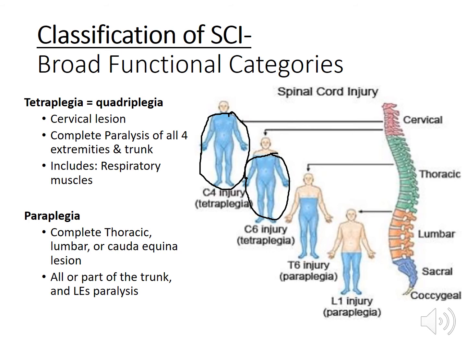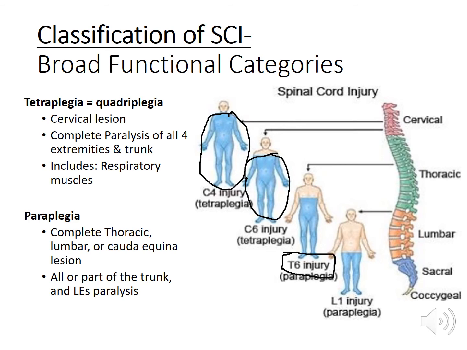Then we move on to the paraplegic, which means that there may be a complete thoracic, lumbar, or cauda equina lesion. Now, this patient will present with all or part of the trunk and lower extremity paralysis. It is very important to note the level at which paraplegia starts.